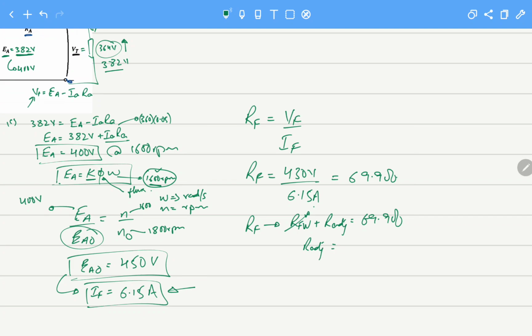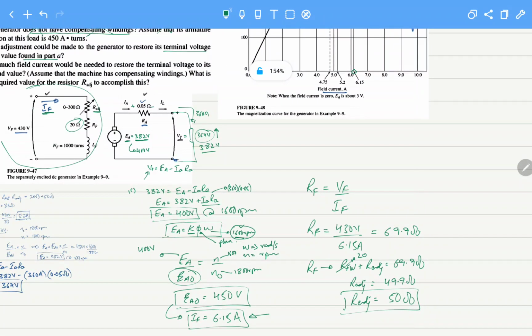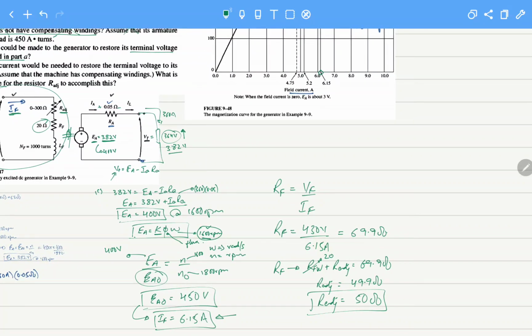This is 20 ohms, so R adjustable will equal 49.9 ohms, or approximately 50 ohms. So if we adjust our R adjustable to 50 ohms, this will increase the value of IF, which will increase the flux in the machine, which will raise the EA value to the value that is required. I hope it helps. Thank you.